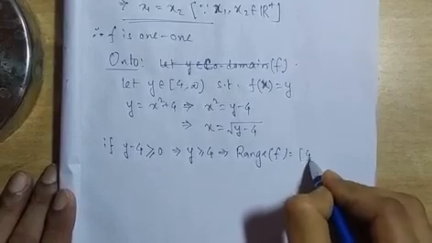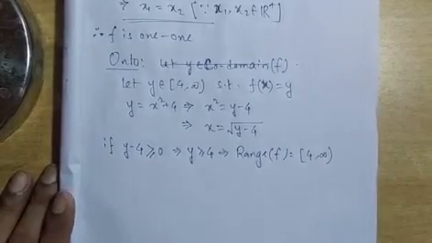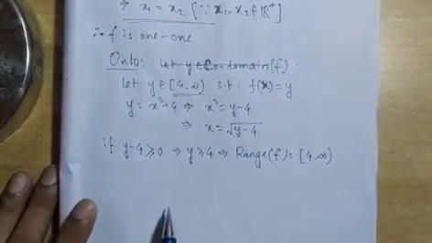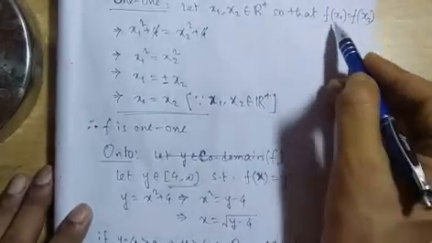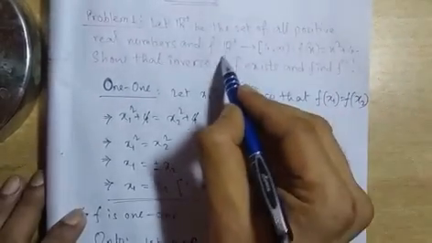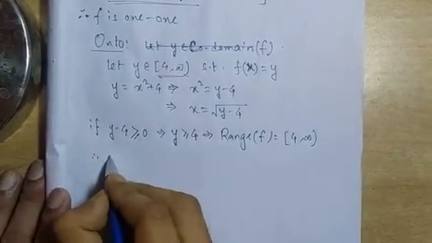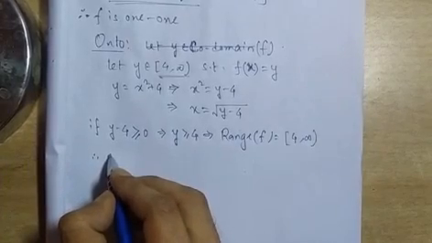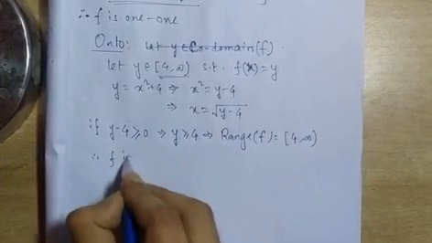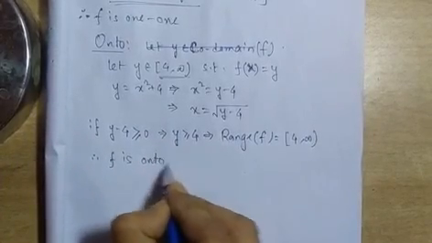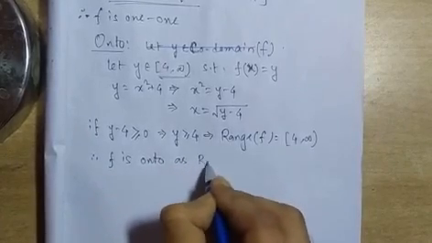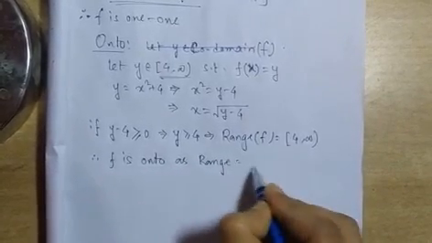It is [4, infinity). So that is the codomain, because that's how the function is defined here. So we can say here that the function f is onto as range equals codomain.